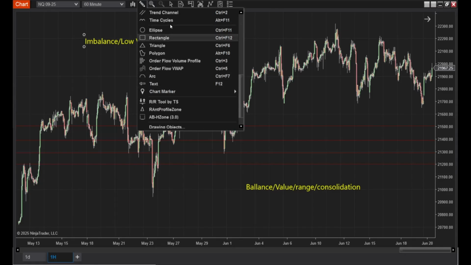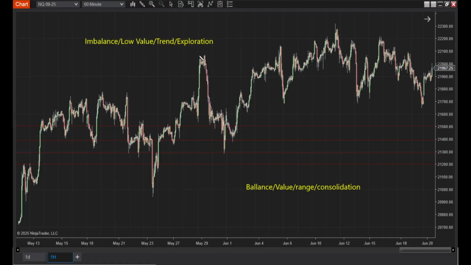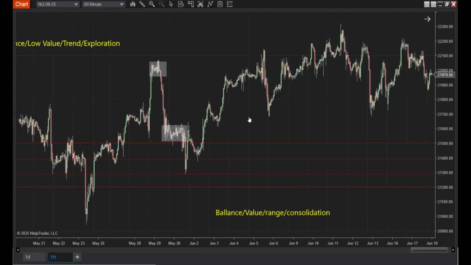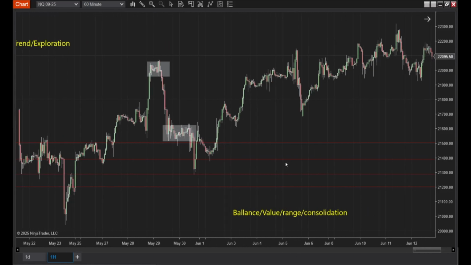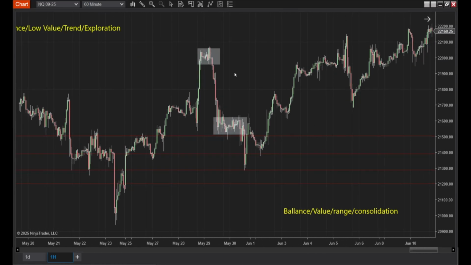If we're just looking at it, let's see, right here, rectangle. So we have our range there. Then we shoot on down, and we have another range here. The way I like to look at it is, we have these areas and you have your ranges.